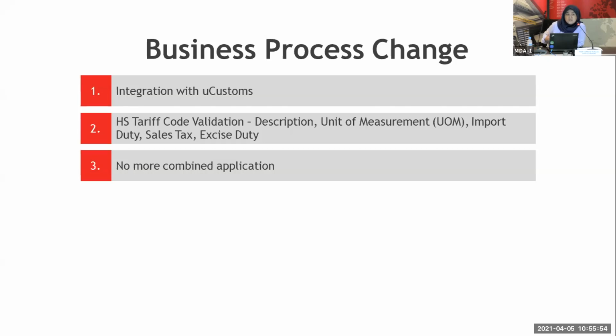Let's say you want to submit a new application: you have to submit it first, until it's completed and you receive the decision letter, the approval letter. Then only can you apply for extension. That is what we meant by no more combined application.